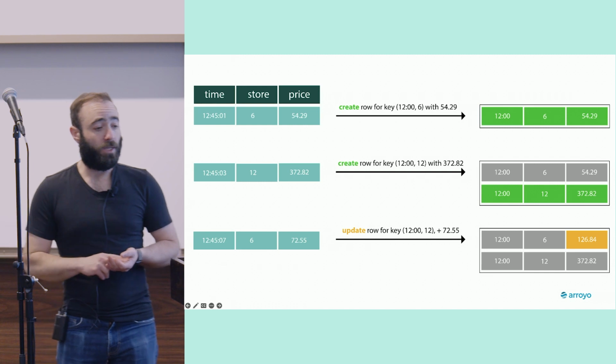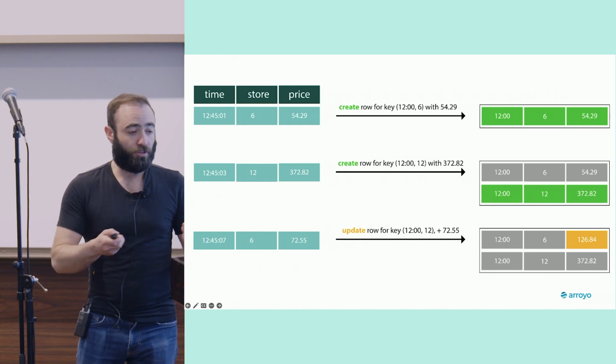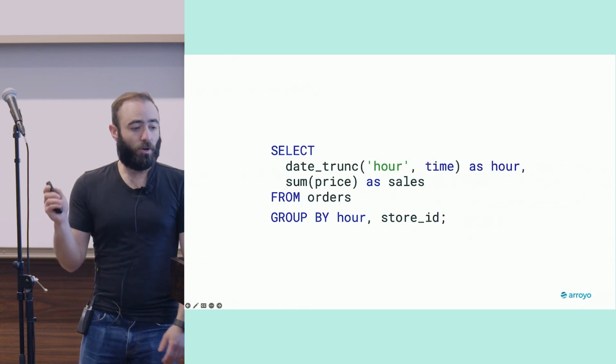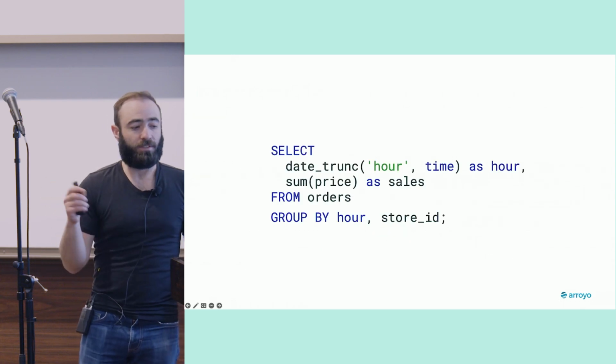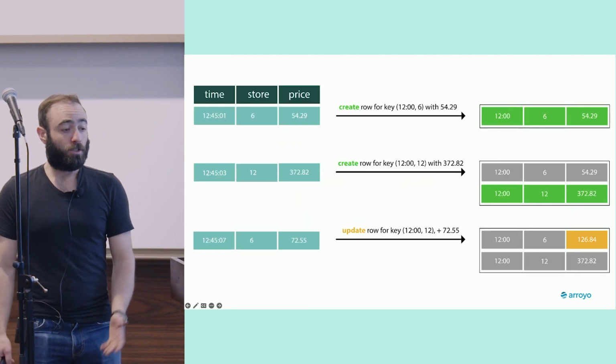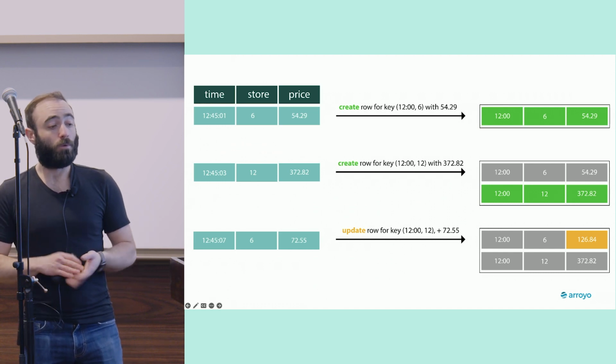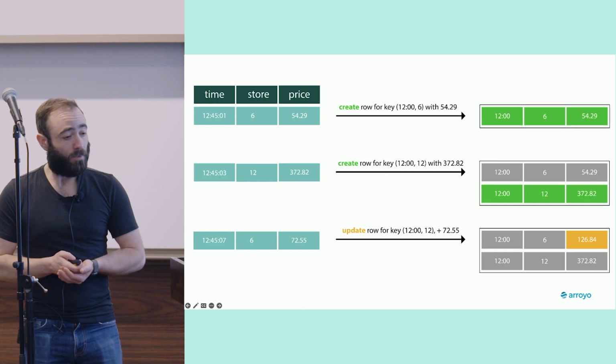In update semantics, we get a row of data. And just to remind you, this query is doing a sum of sales over an hour tumbling window grouped by store ID. So the first time we see a store ID, we're going to create a row with that value for the store ID and hour.